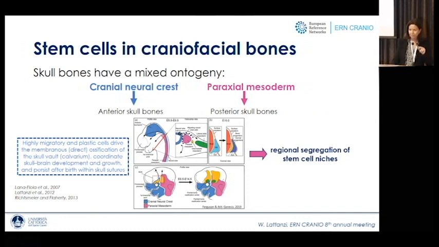Which suggests that we have some sort of regional segregation of stem cell niches.